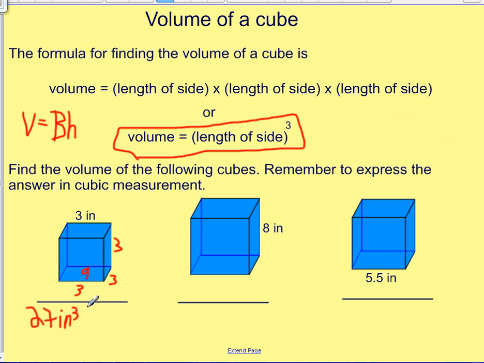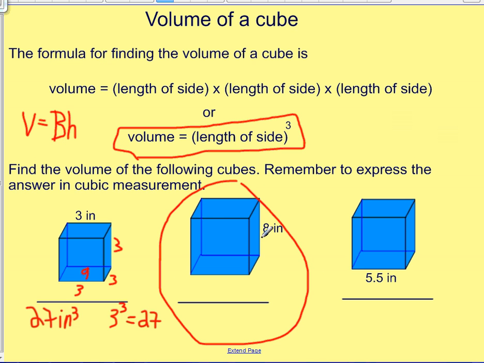Now, if you were to use the formula they have up here, you would just do 3, because that's the length of the side, to the third power, which would be 3 times 3 times 3, which would also equal 27. So it's however you feel most comfortable solving this is how you want to do it. If you want to do this one as a practice for me in your whisk, that would be awesome. This one's really easy. It's got a side length of 8.